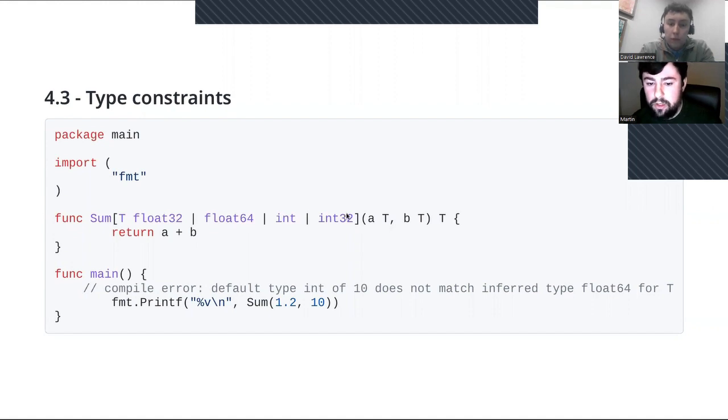Your int8 might overflow, but you can't pass an int8 to the sum function because it's not one of the allowed types in the type constraint. Does that answer the question? You will have some protection, but not against the overflow, just about what sum accepts. I'm not sure if that answers the question.